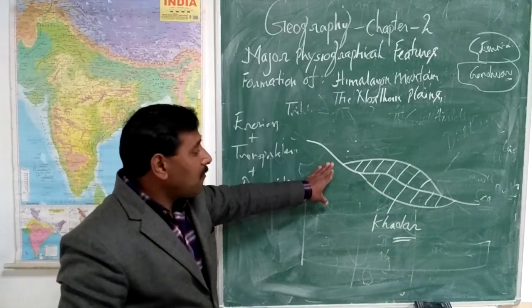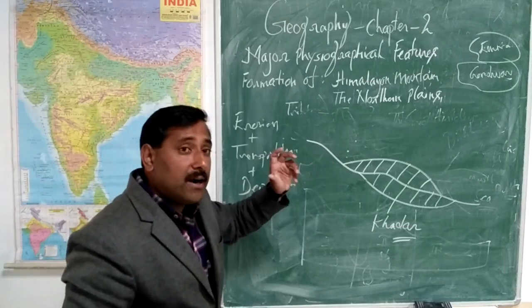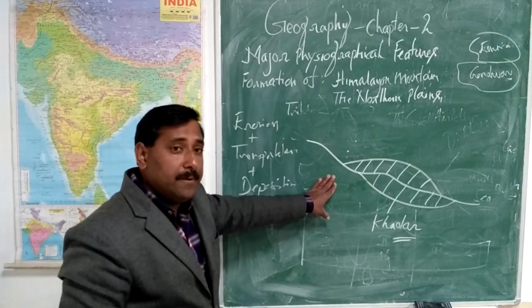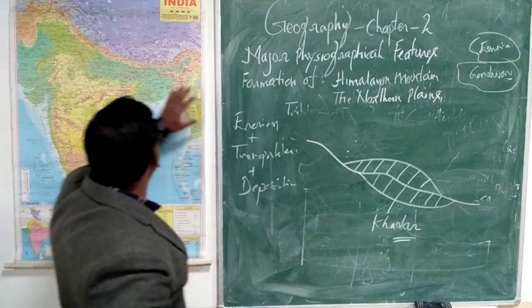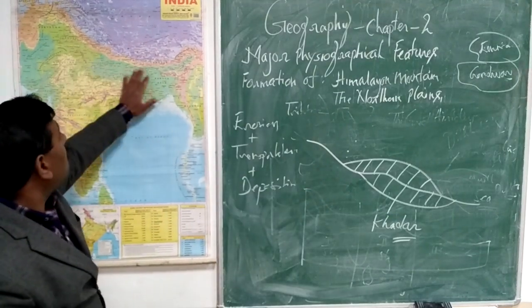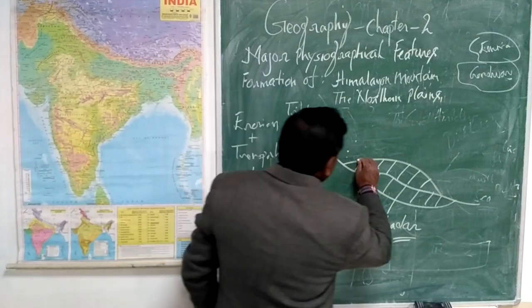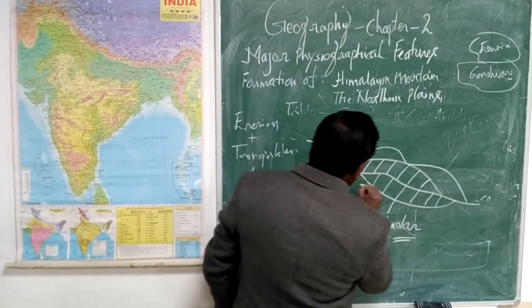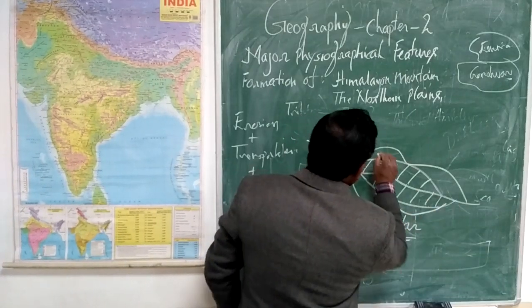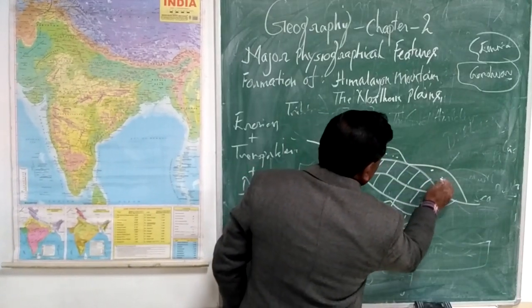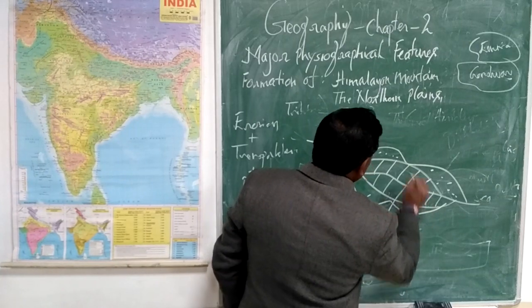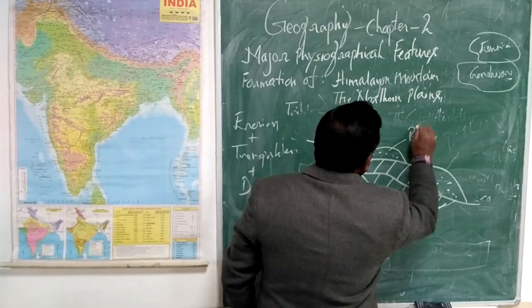So that we can understand how the fertile soil has been developed in these areas, northern plain areas, and the soil which is developed far from the riverbeds. This one, this is known as bhangar.